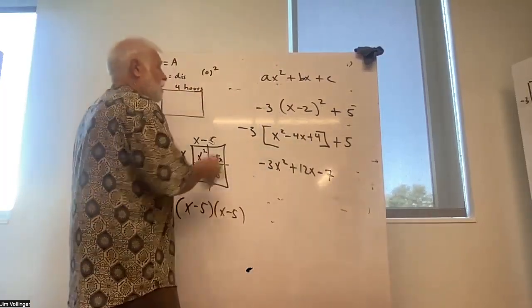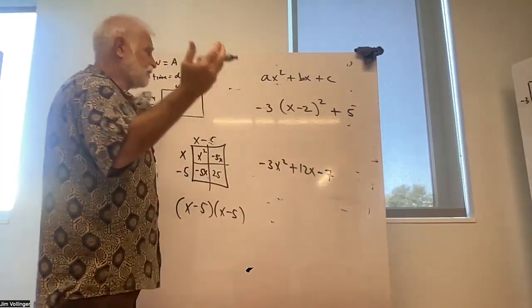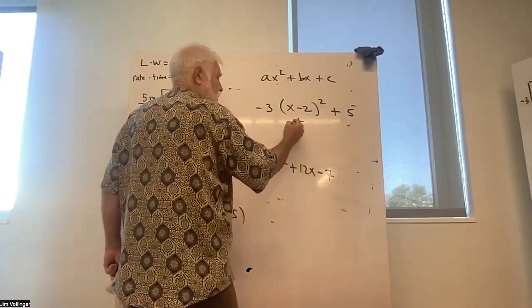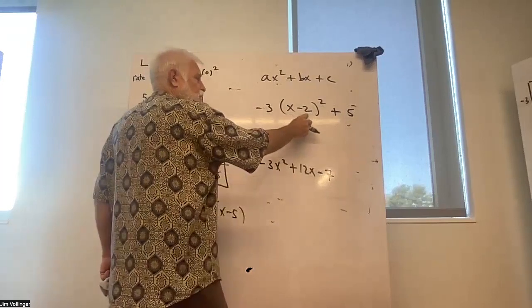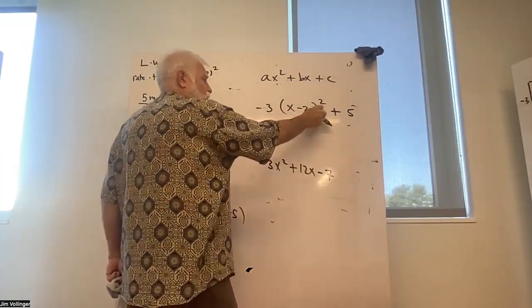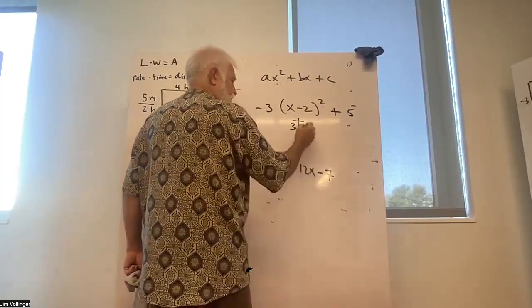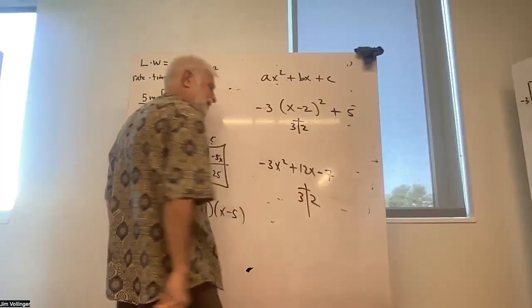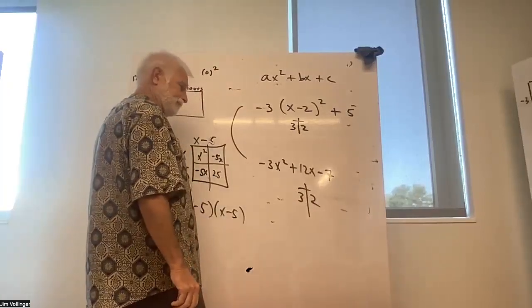All right. You're on an exam. You want to make sure you didn't make a mistake. Let's put a number in. Whatever I get here, let's put a 3 in. That's not a tough number to work with. 3 minus 2 is 1. 1 squared is 1. I get minus 3 plus 5, which is positive 2. If I put a 3 in here and I don't get positive 2 out, then these calculations are not equal.